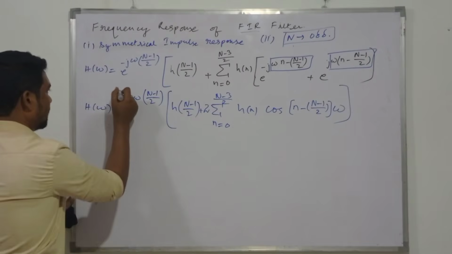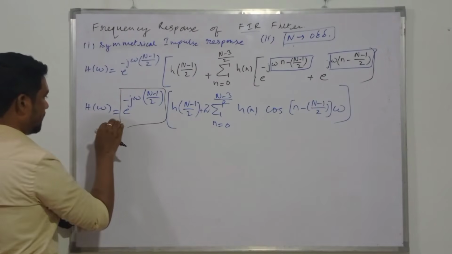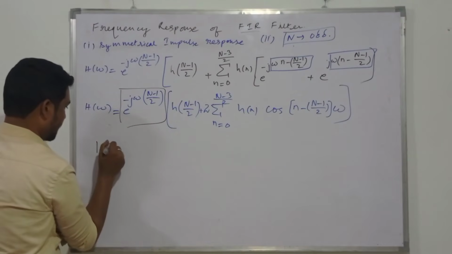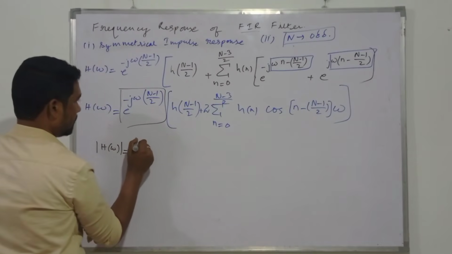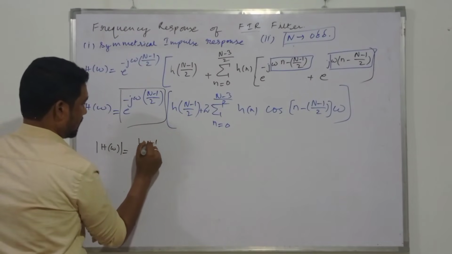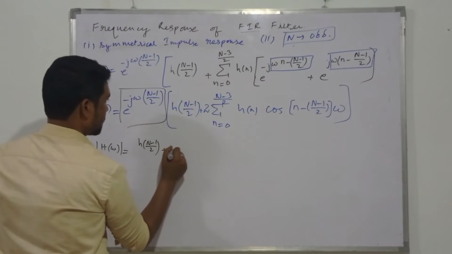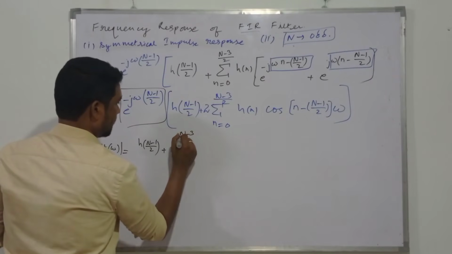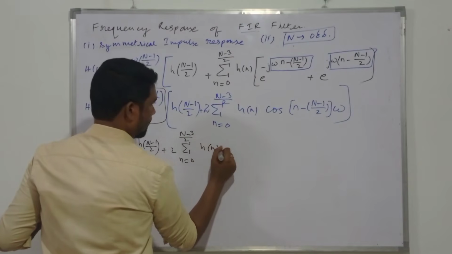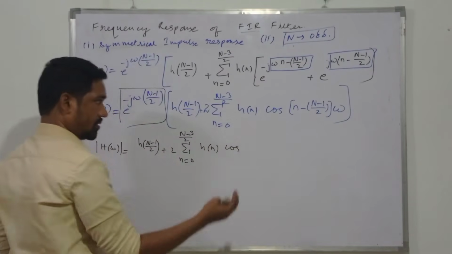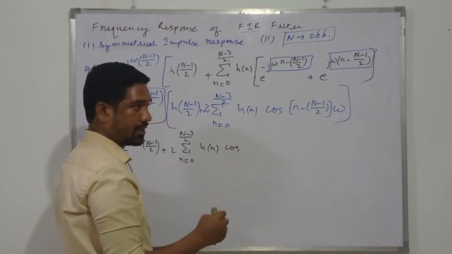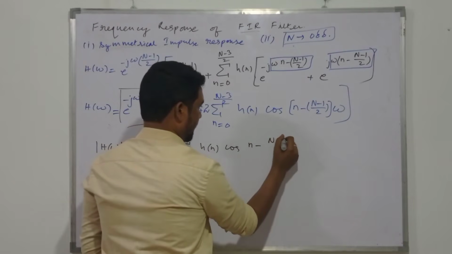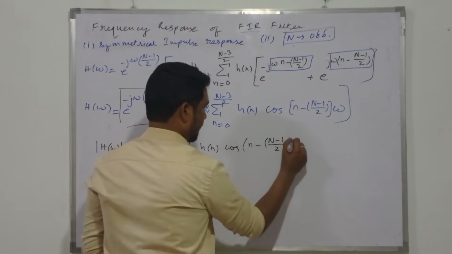Now this one is the phase angle of this one. If we go for the polar form, this will be the magnitude. H of omega will be equal to h of (N minus 1)/2 plus 2 times summation n equal to 0 to (N minus 3)/2 of h of n cos, some authors write omega, according to my convenience theta, ((N minus 1)/2 minus n) multiplied with omega.